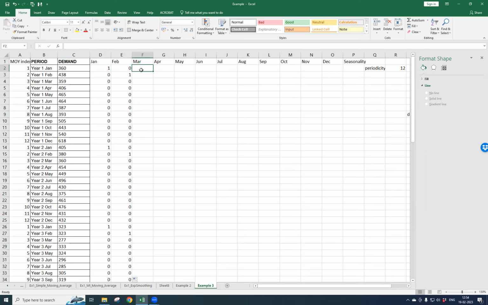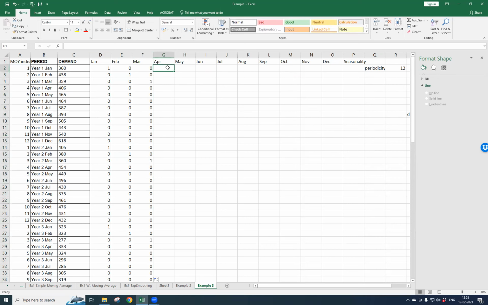Now, what can I do? Over here, again, if this particular value, what is the number that corresponds to March? It is 3. So this will be 3, 1, else 0, right?